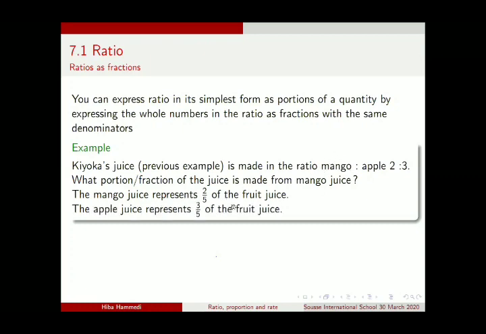And if they ask you what fraction the apple juice represents in the juice, it will be 3/5, because I'm using 3 units for that juice to make the fruit juice, the mixture, the whole, the big quantity of juice. Okay, so this is the last part that you need to understand in this lesson.